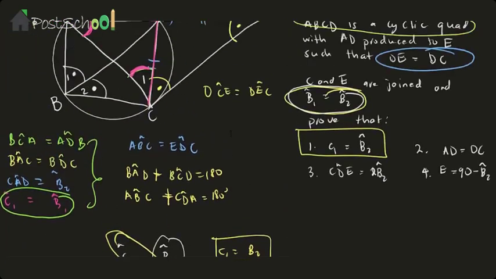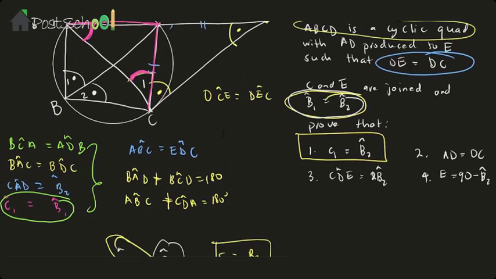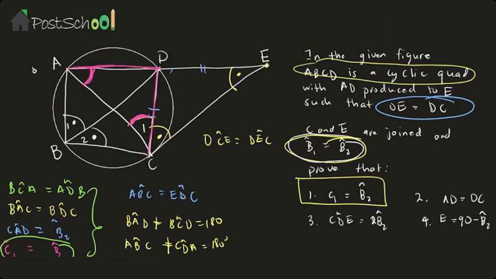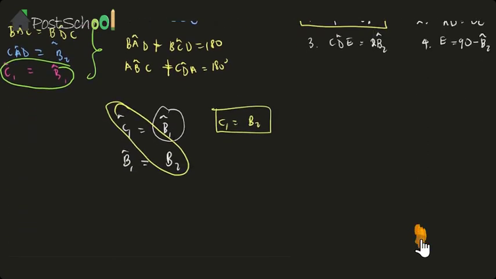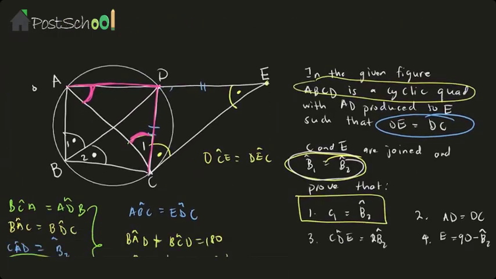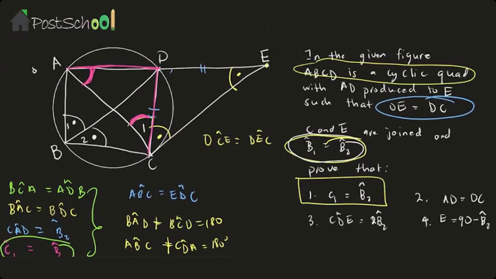So I'm going to reframe the equation here and say I want to prove that CAD is equal to C1. That's what I want to prove, AD and DC.